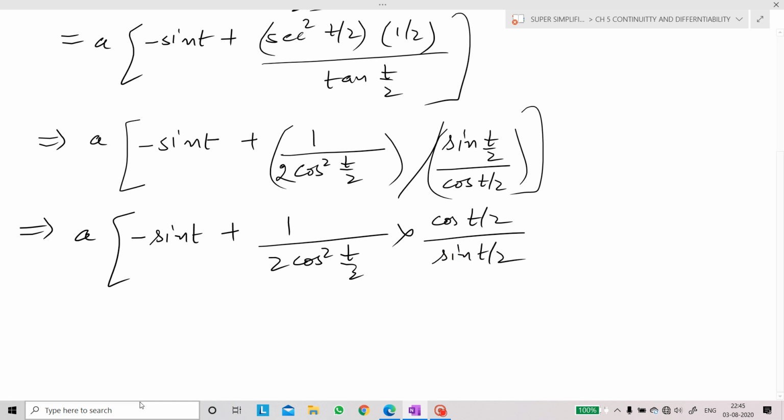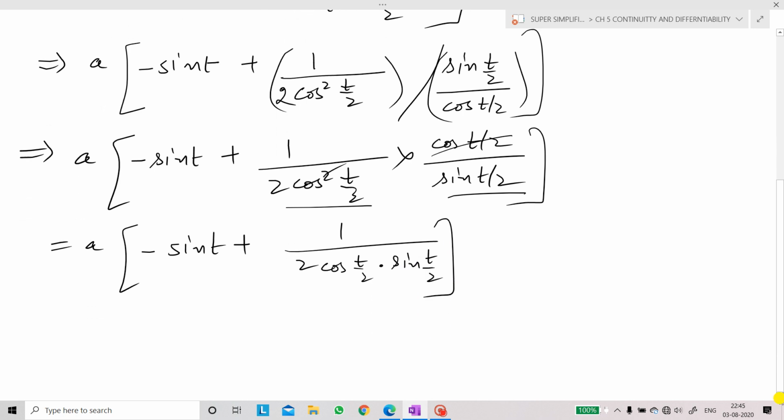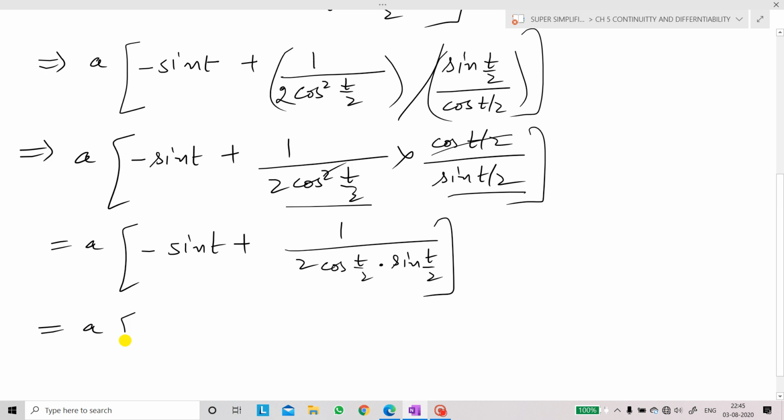So 1 power of cos t by 2 gets cancelled with cos t by 2, and we are left with minus sin t plus 1 upon 2. Now we can multiply 2 cos t by 2 and sin t by 2. So this becomes a times minus sin t plus 1 upon.